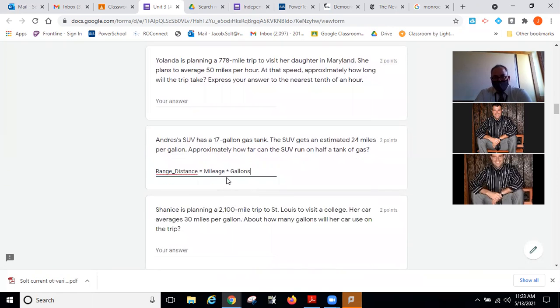So it's a 17-gallon gas tank. Oh, that means I can put a 17 in for gallons, can't I? 17 gallons. The SUV gets 24 miles per gallon. Oh, that's the mileage. This car can travel 24 miles per gallon. How far can it run? What's the range of this vehicle? On half a tank? On half a tank means I need the range distance divided by 2.